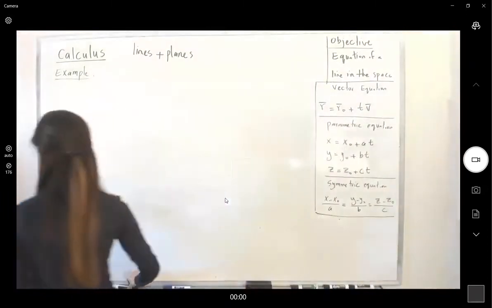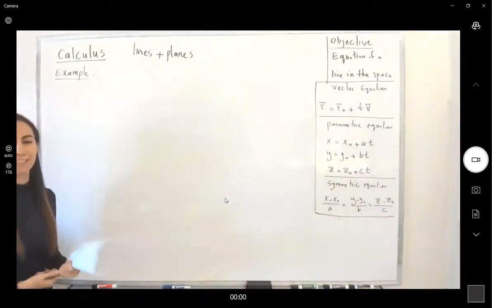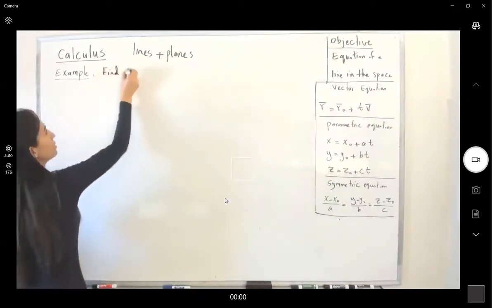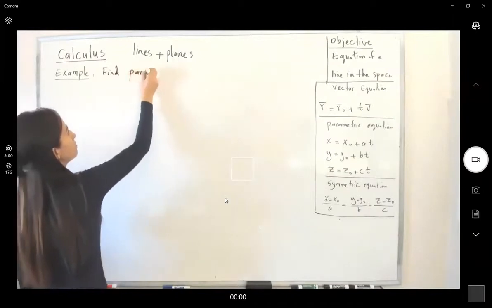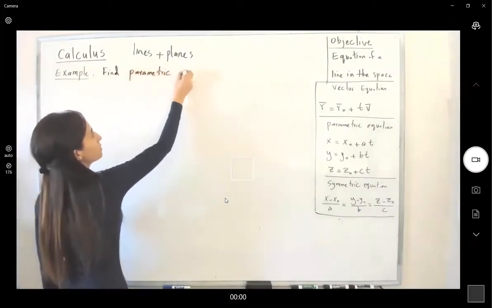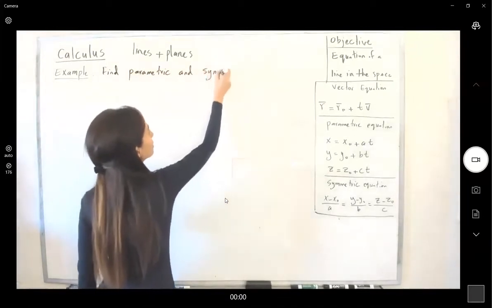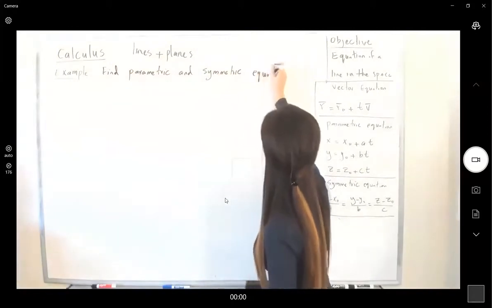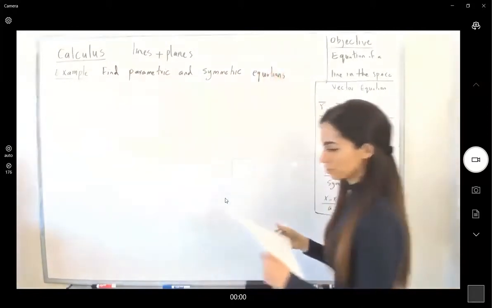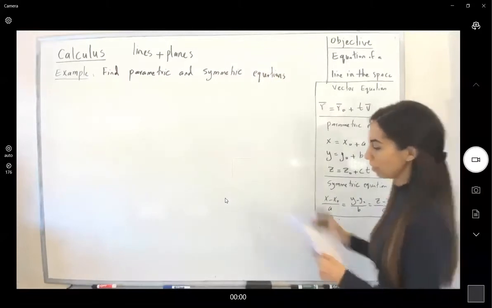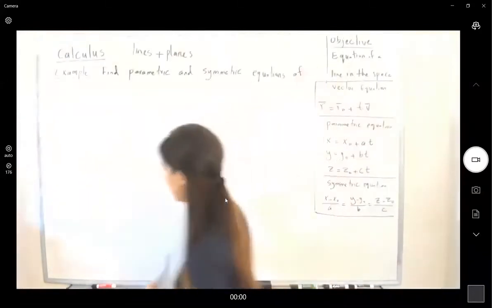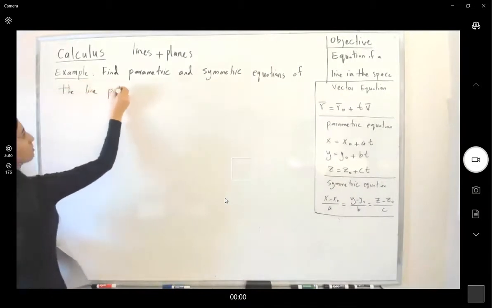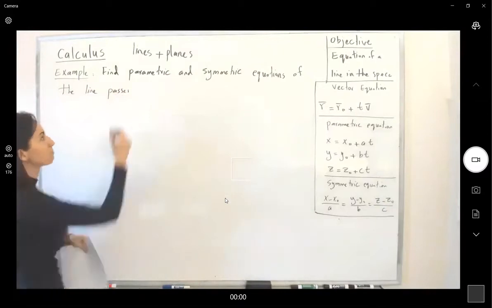Example says, find parametric and symmetric equations of the line that passes through these 2 points.